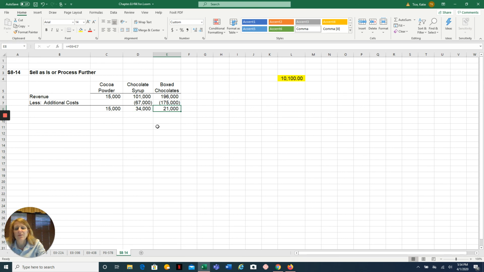And for the boxed chocolates, it would be $21,000. So the thing to keep in mind is we would recommend that they pick the chocolate syrup option, because with the chocolate syrup option, your revenues exceed your additional cost by the largest amount, the $34,000. So that would be your answer.